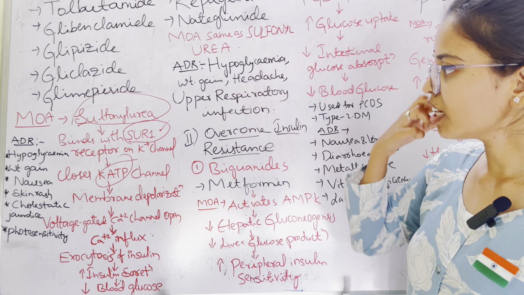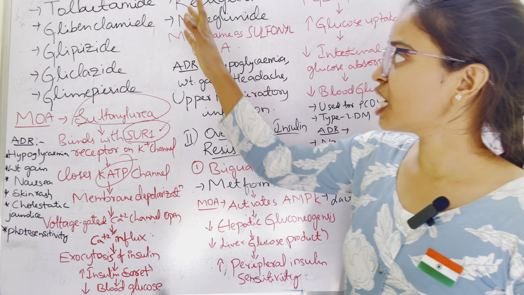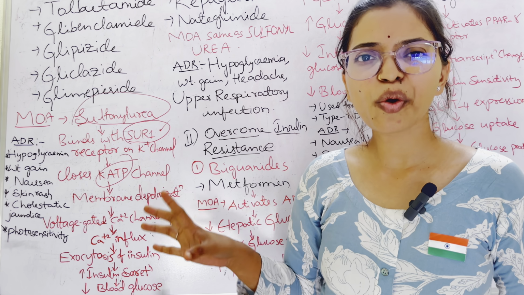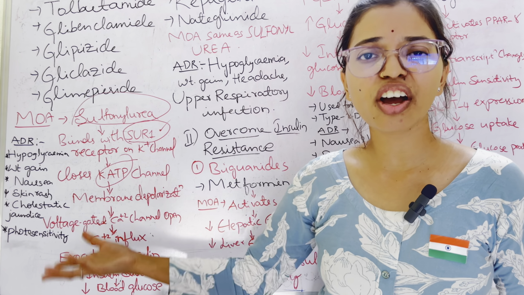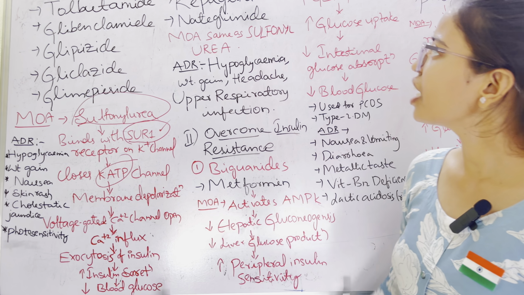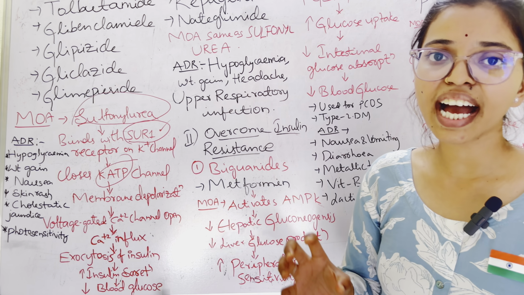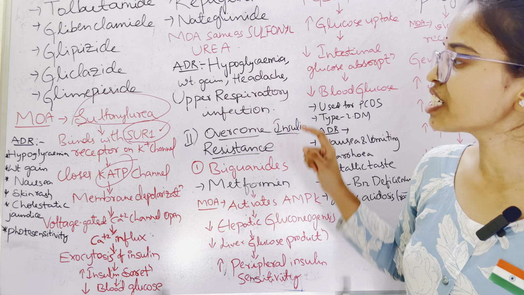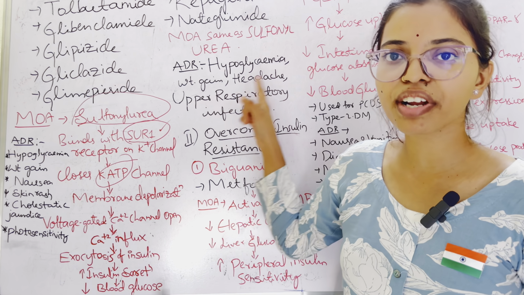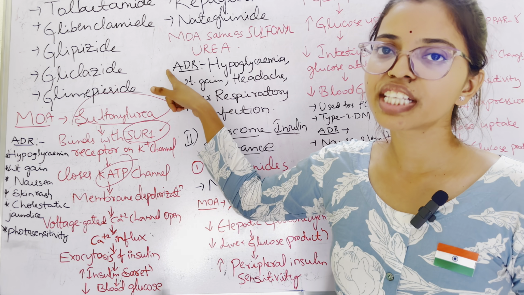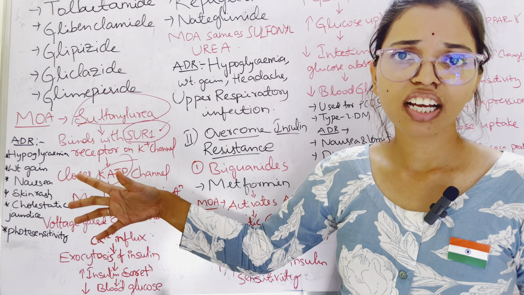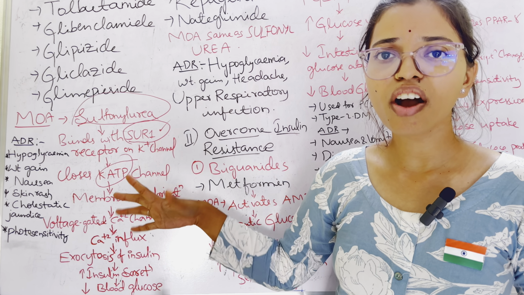Sulfonylurea drugs have a slow action and a longer duration of action. Meglitinide has a short and rapid action. So the meglitinide has less risk of hypoglycemia as compared with the sulfonylurea, because sulfonylurea is slow and long lasting.